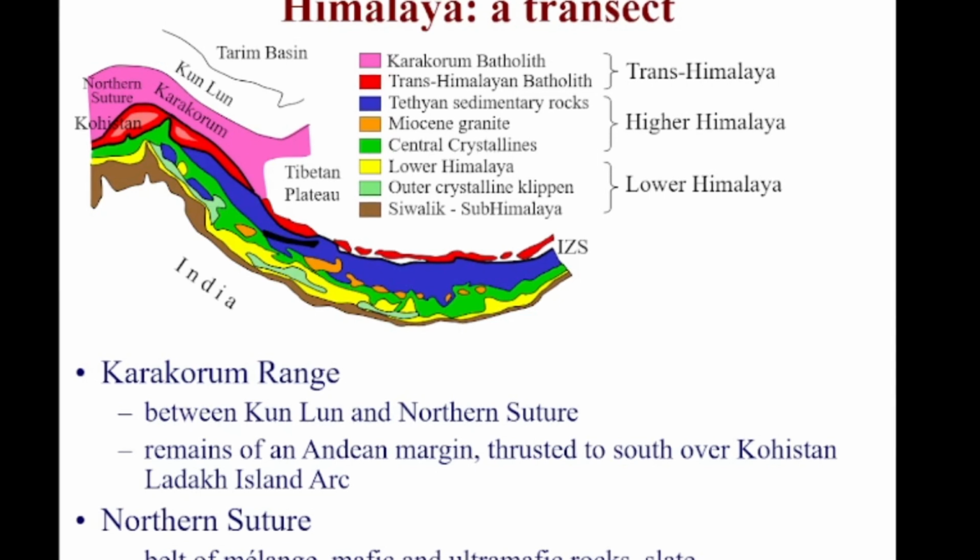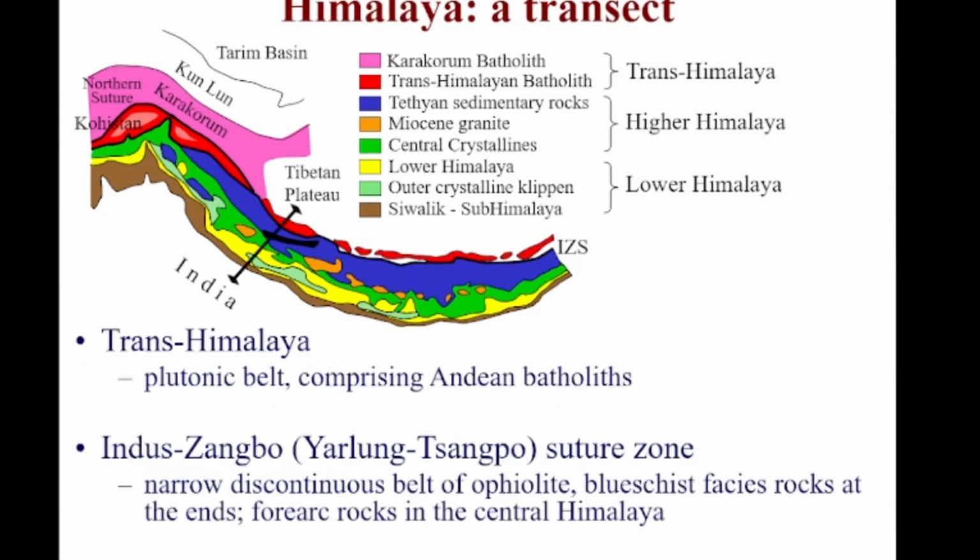Then we have the very important feature, and that particular transect is the northern suture zone. Both melanges, mafic and ultramafic rocks and slates are there, which is their composition. Later on, we have the Trans-Himalaya.